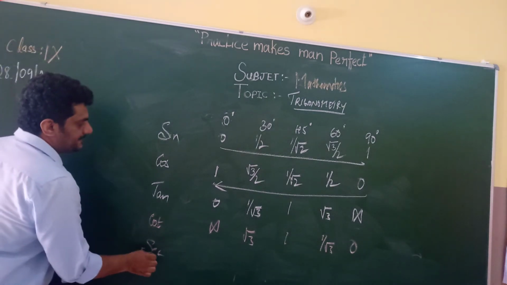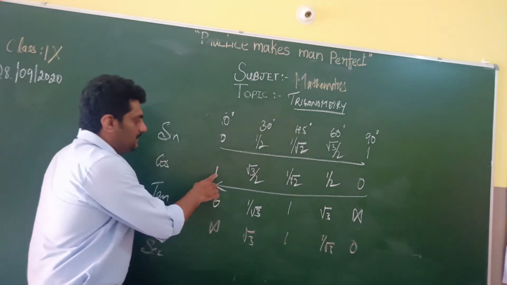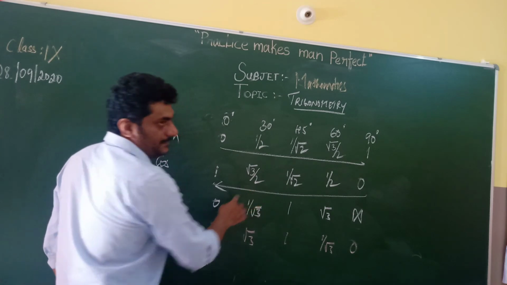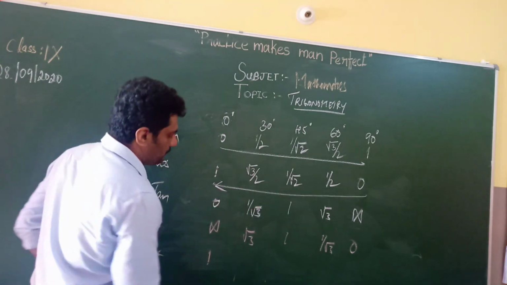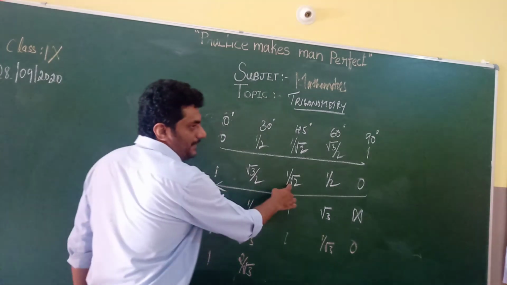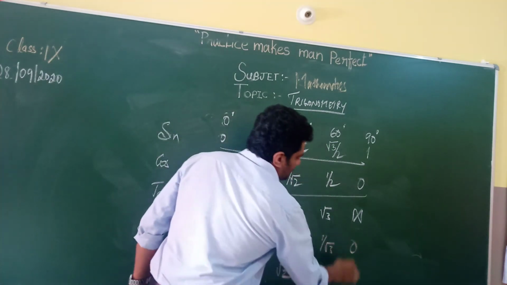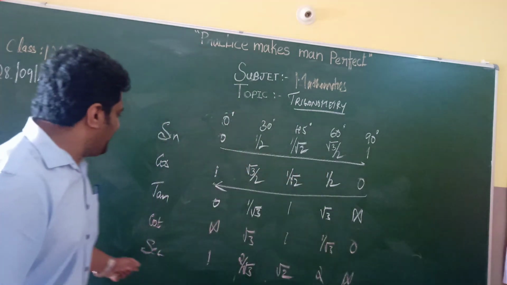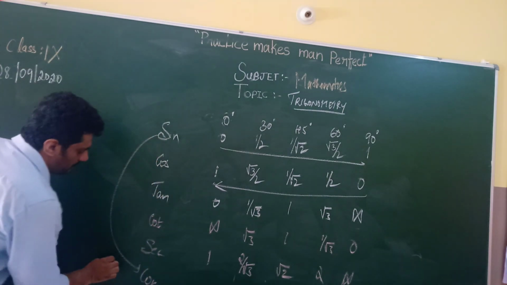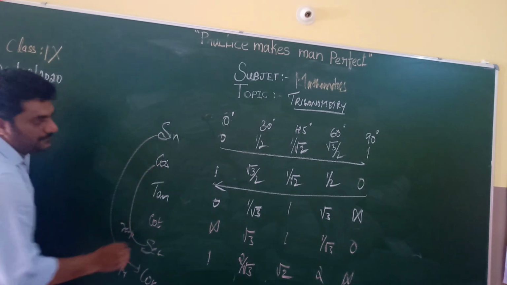Secant is nothing but the reciprocal of cos. 1 by 1 is 1. 1 by root 3 by 2, which is 2 by root 3. Next one, 1 by 1 by root 2, which gives you root 2. This is 2. This is infinite. Same thing, cosecant is a reciprocal of sine. Okay?